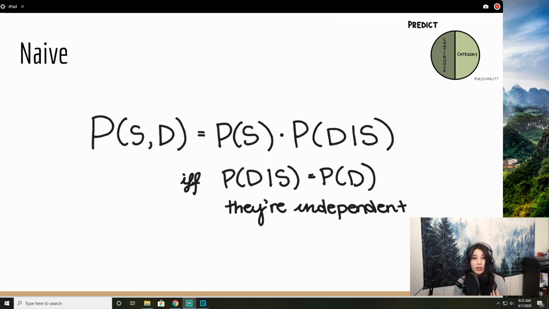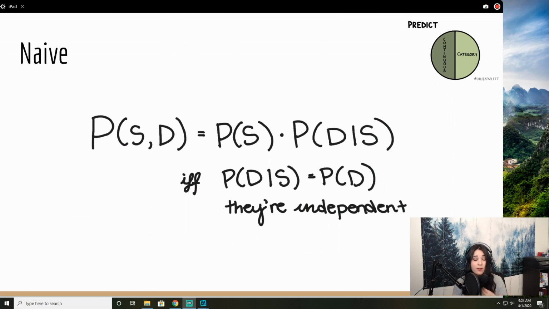Well, in the real world, we would need to think about the fact that being a smoker and being diabetic might have some kind of relationship. It could be that being a smoker increases your chances of being a diabetic, or maybe reduces them, we don't know. However, we know that there probably is a relationship, and we have to take that into account when calculating the probability of the two things happening together.